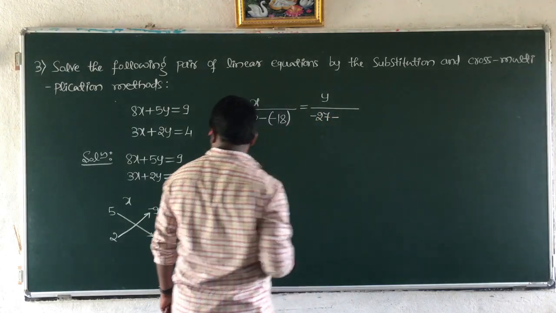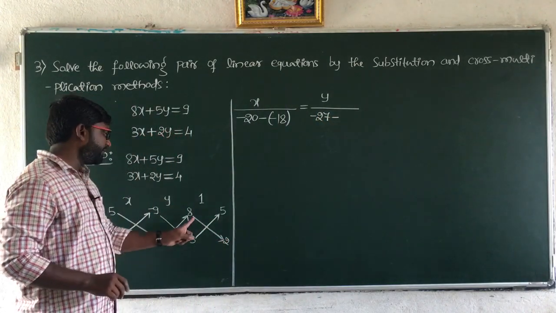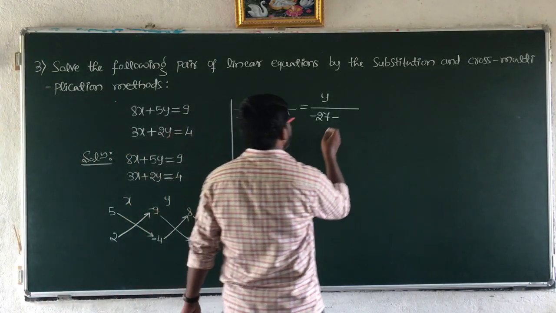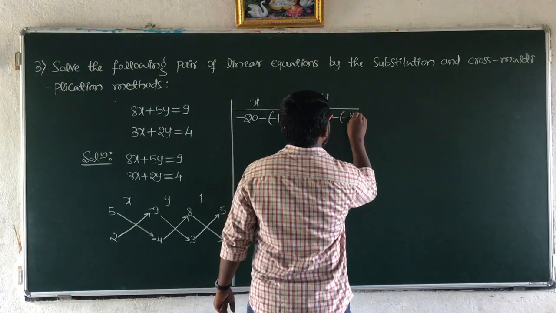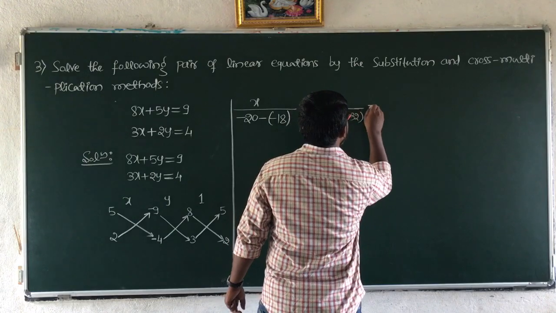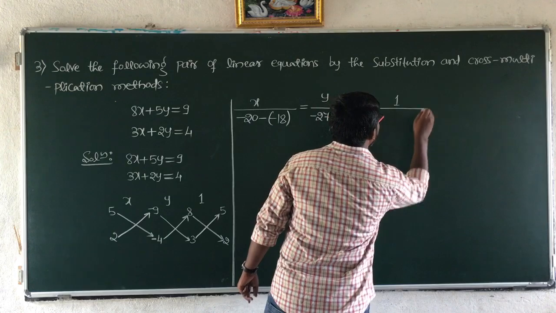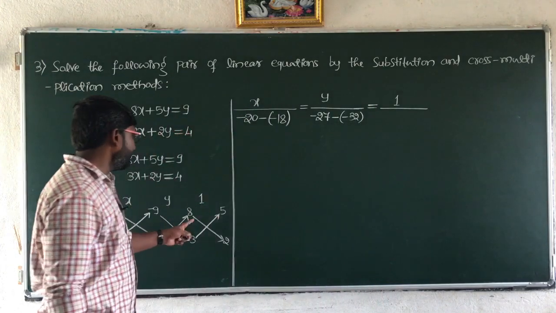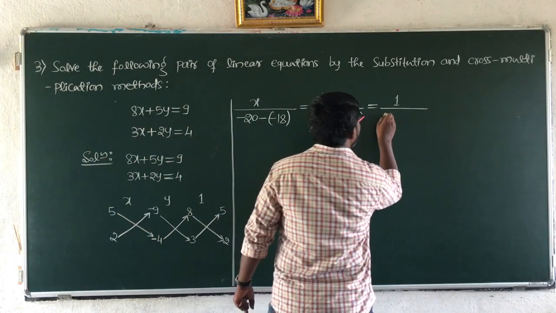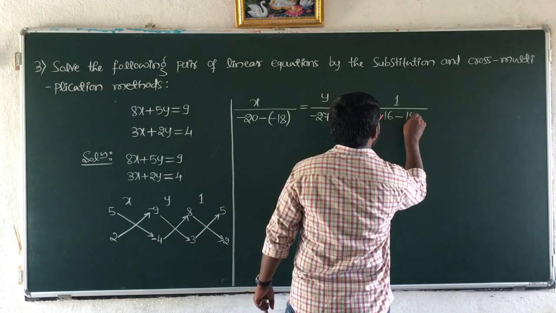Then minus. Now minus 4 into 8 will be minus 32, which is equals to 1 divided by, so now 8 into 2 it is 16 minus 15.